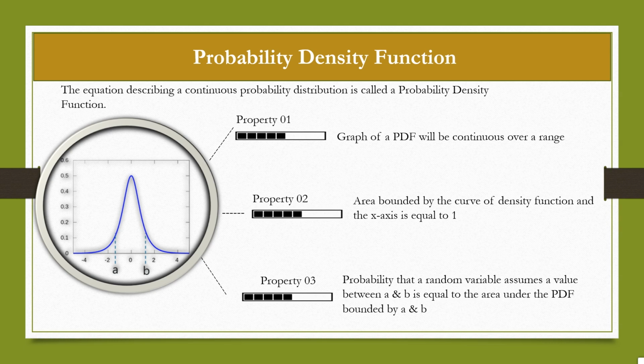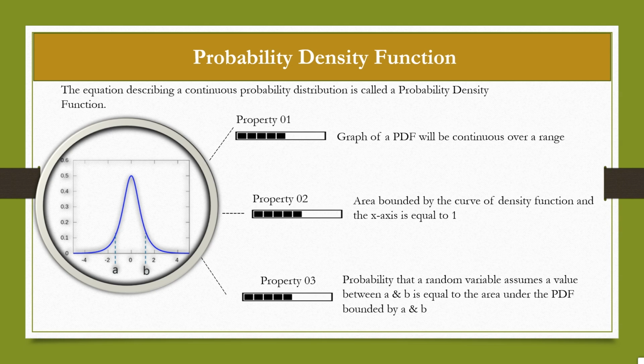The graph of a PDF will be continuous over a range, because you are finding the probability that a continuous variable lies between the range A and B. The second property is that the area bounded by the curve of a density function and the x-axis is equal to 1, because it denotes probability. Again, the probability cannot be more than 1. It has to be between 0 and 1.